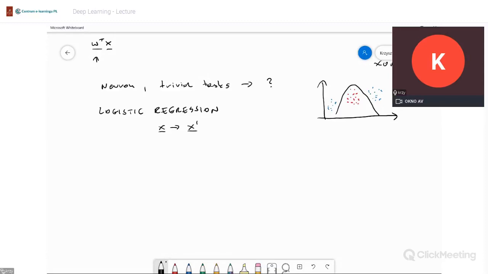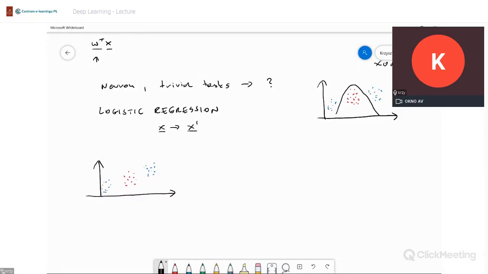So let us assume once again that the problem that we would like to solve is this XOR problem. So basically, we have members of two different classes, and these members are not linearly separable.